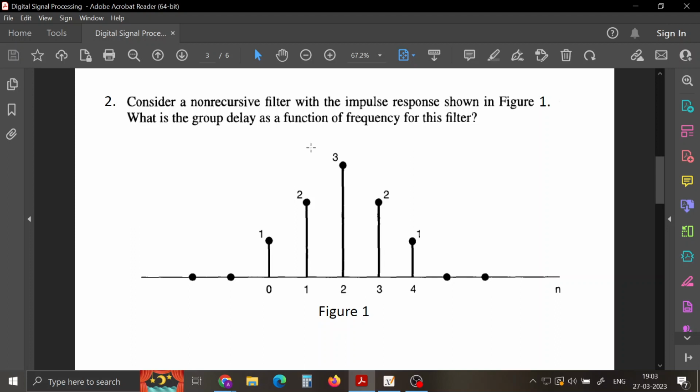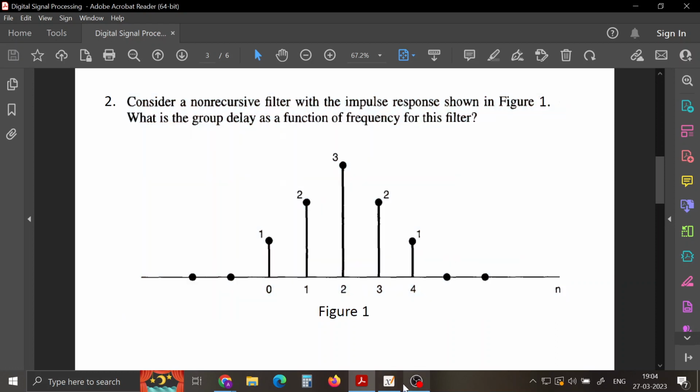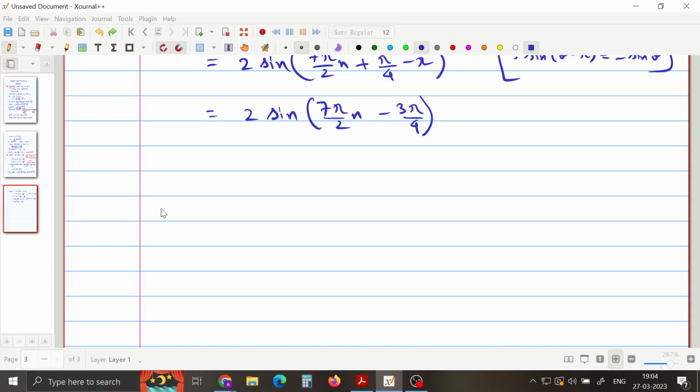I think I can't write on this, sorry. We are discussing question number 2. Let me draw it for you.